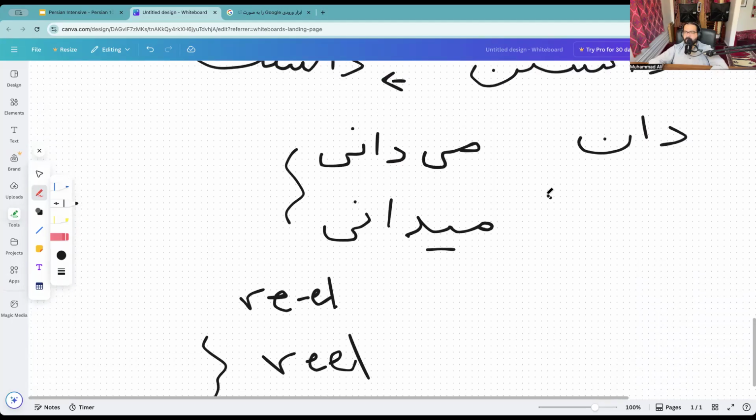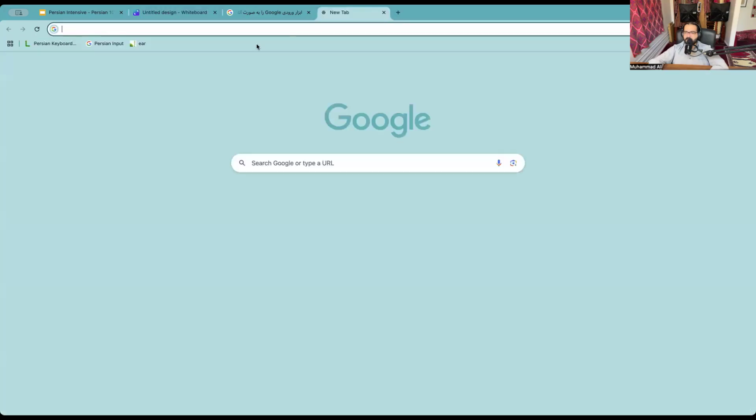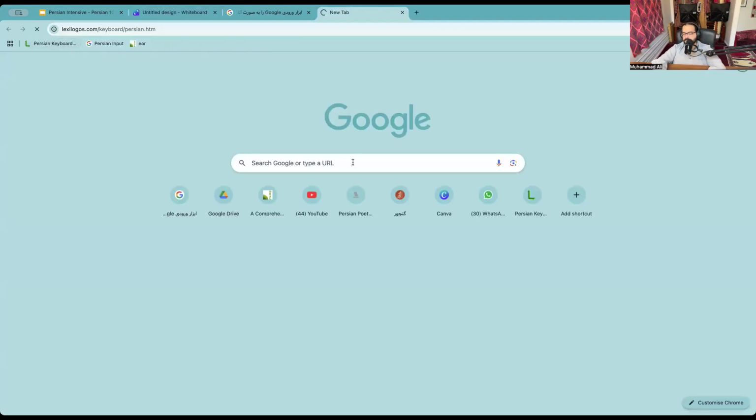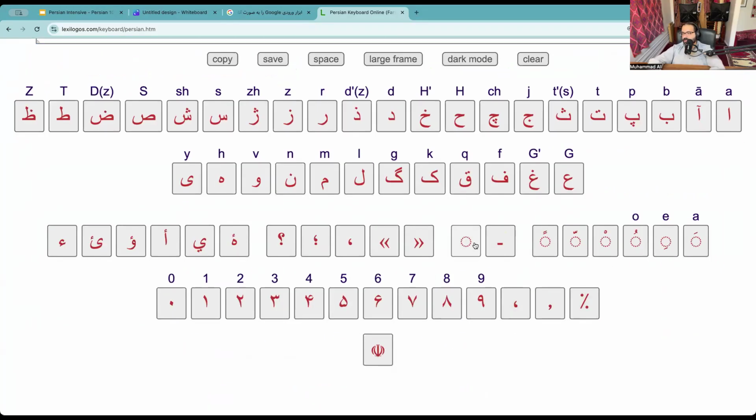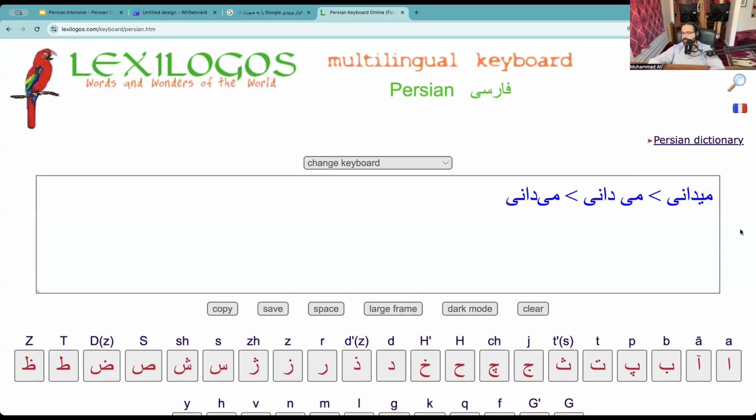But I would say we're moving towards this direction. So in Persian writing, historically, midani would have been written that way. And then it started to get written that way. Then people invented the zero-width non-joiner, and now it's being written that way. So this is the general trend.